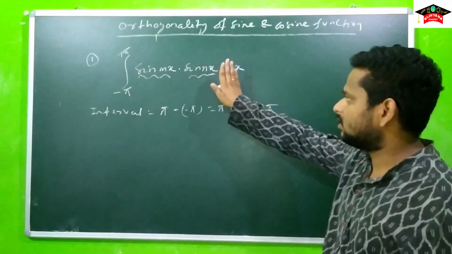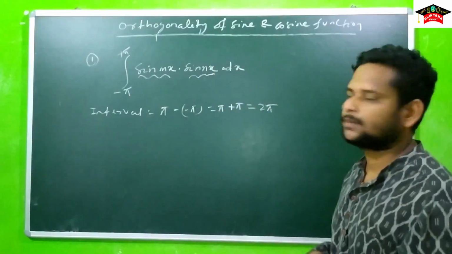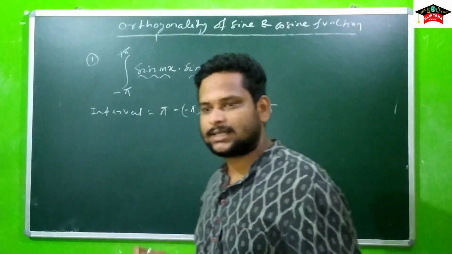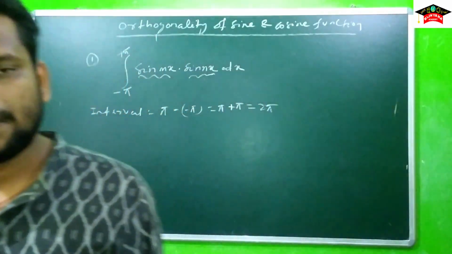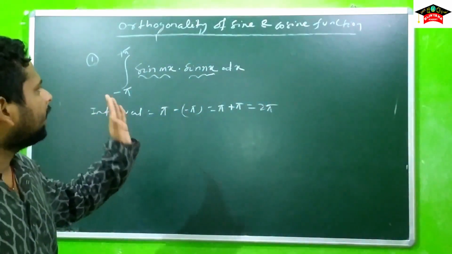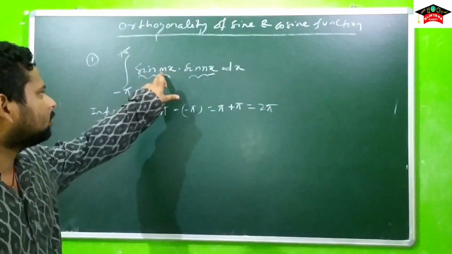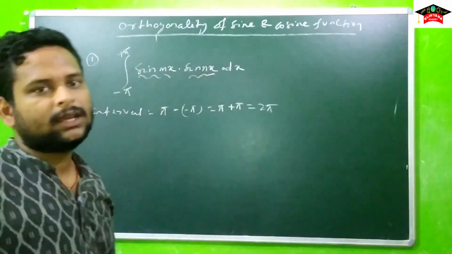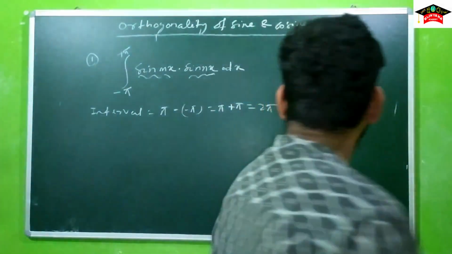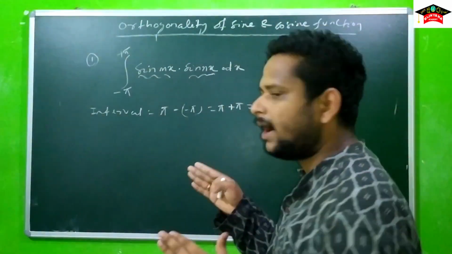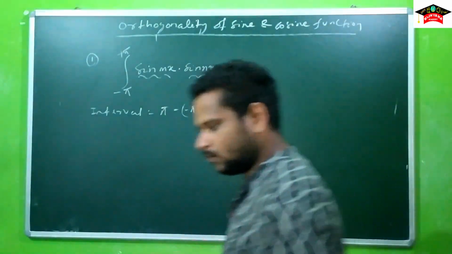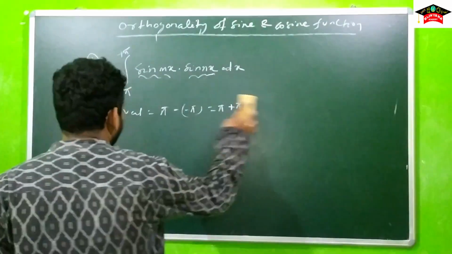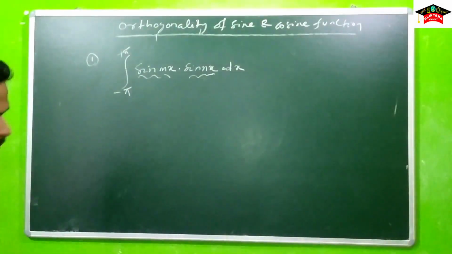And this integration will give two values, because m and n are constants or numbers. So m and n can take any values. m can take 1, 2, 3 up to anything. n can also take similar values. So this integration will be divided into two categories, or the integration has two parts.